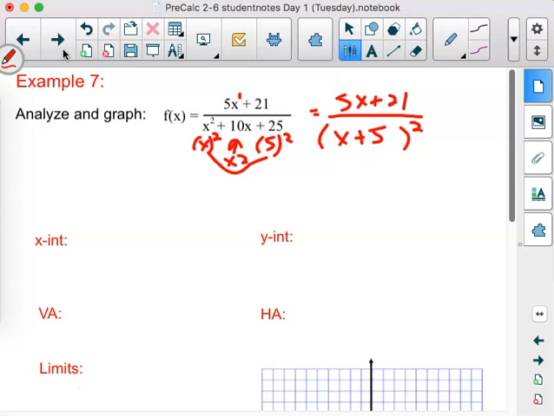Somebody please unmute and tell me vertical asymptote or asymptotes, whichever you think it is. Right. Zeros of the denominator. Now, horizontal asymptote, that's our whole infinity thing.